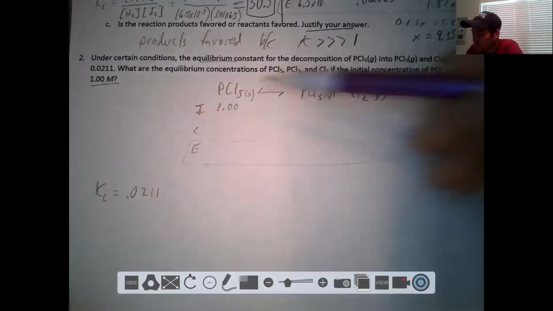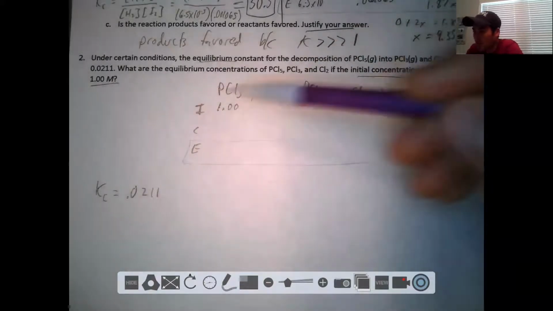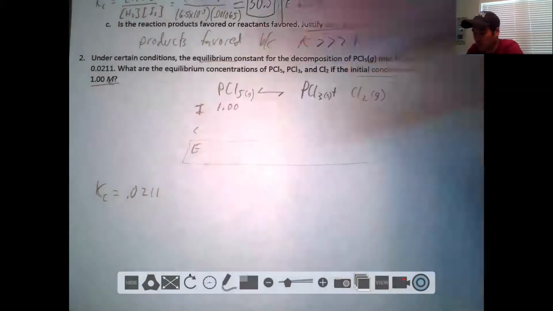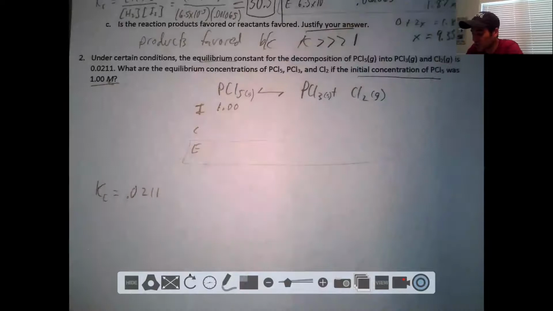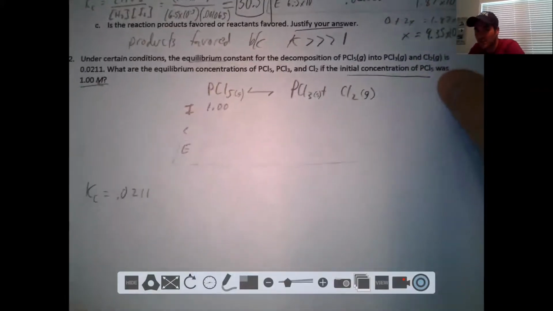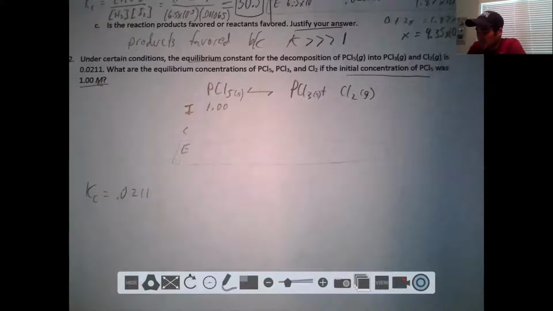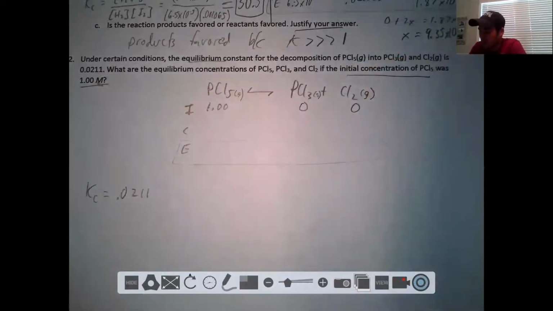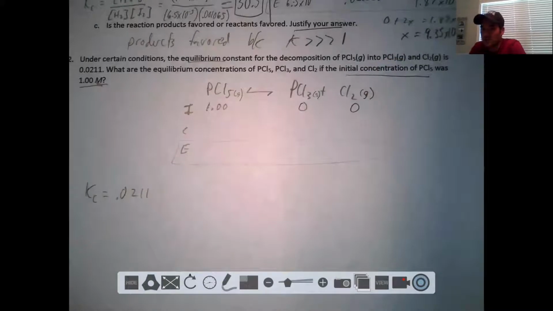In an ICE table, I can put moles or I can put concentration, which is molarity. So just make note of that. We can put molarities in the table just like we did here up top. Concentration values, molarity values are okay in the table for ice tables. So we're looking here, 0 and 0. We're not given any information about those, so we assume we start with none of it.